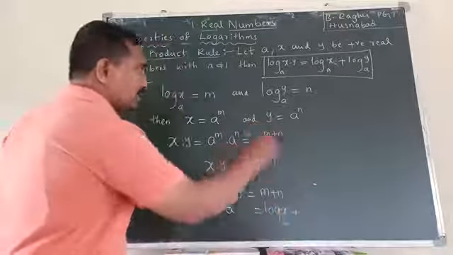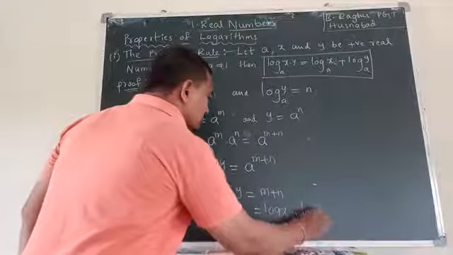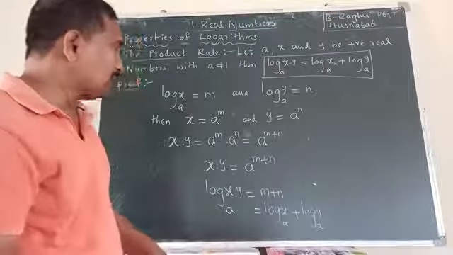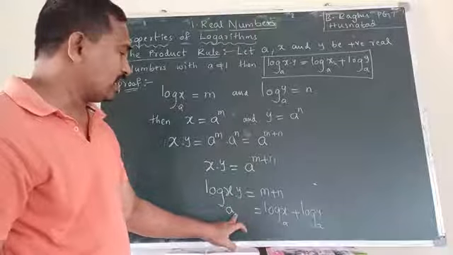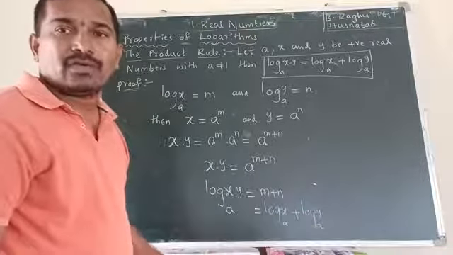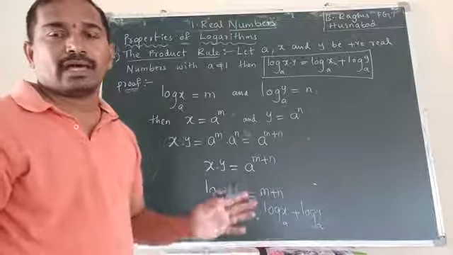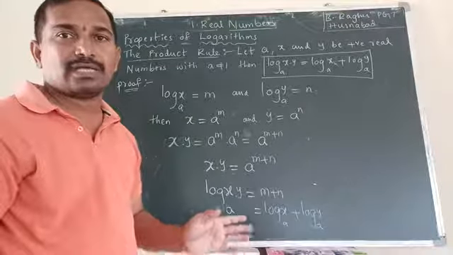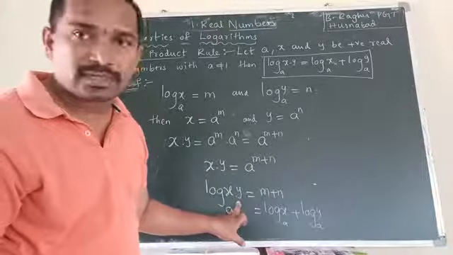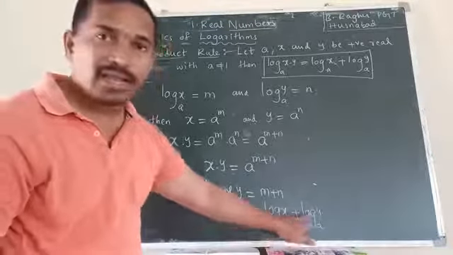Plus what is n? Log y base a. So this is the property: log x into y base a equals log x base a plus log y base a. We can say the logarithm of a product is the sum of the logarithms.